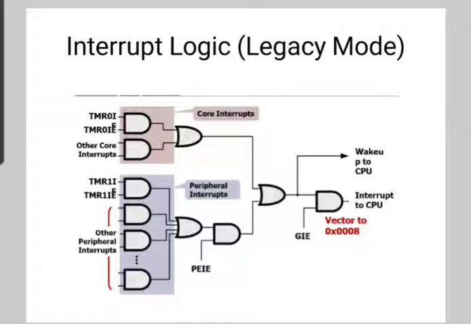It consists of TMR0 interrupt, then the core interrupts are shown and the peripheral interrupts are there, and the output of this is given to the OR gate, and we get the interrupt to the CPU, that is vector to 0x0008.